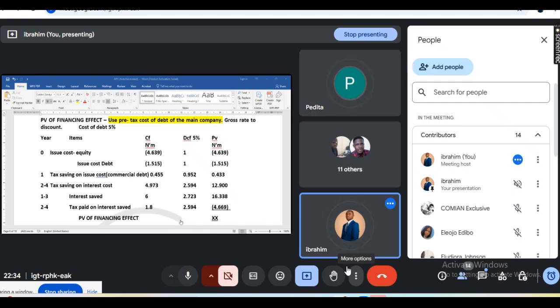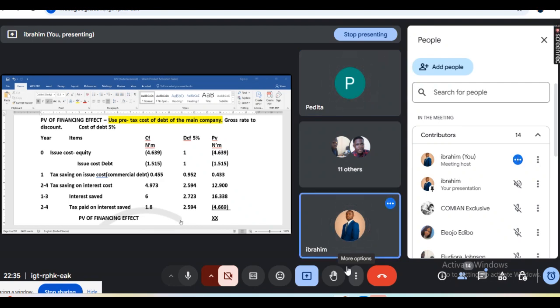Okay, sir, you have a question? I wanted to ask that this one we did in year 1 for tax saving on interest cost was actually year 2 to 4, which is 3 years, but we did from year 1 to year 4. If we do from year 2 to 4, just 3 years, it did not give the same answer.